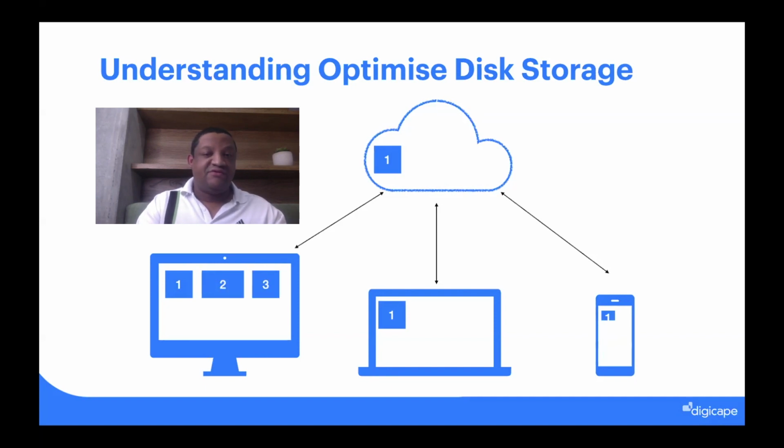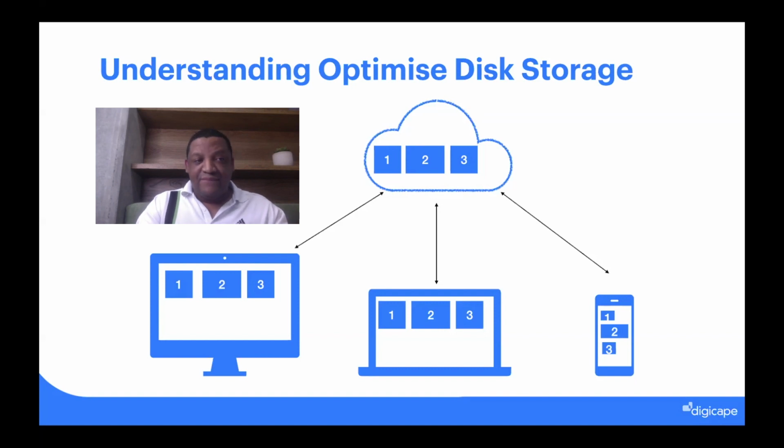Now, if you put in other files, again, that goes into your cloud server and then transfers to your other devices. But keep in mind that file number 2, let's say file number 2 is a huge video file, right? And yet it can handle the size on your iMac, because your iMac has 1 terabyte of storage. It might not handle that same size on your laptop nor on your iPhone.